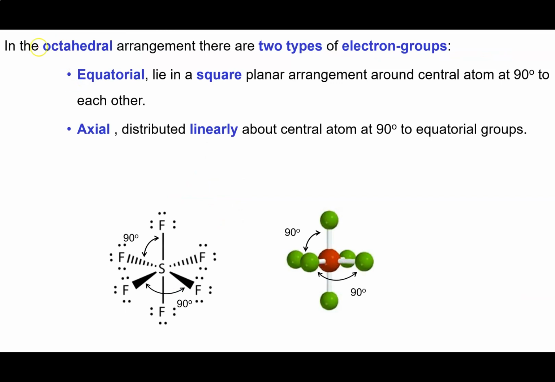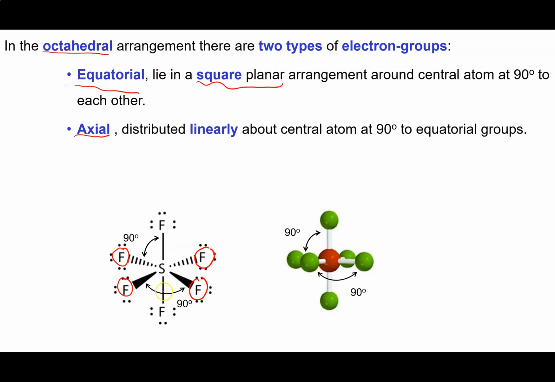Again, for the octahedral arrangement, we can talk about equatorial electron groups and axial electron groups. So the equatorial electron groups are all in the same plane. There is 90 degrees between them, and they are directed towards the corners of a square. This is referred to as a square planar arrangement.